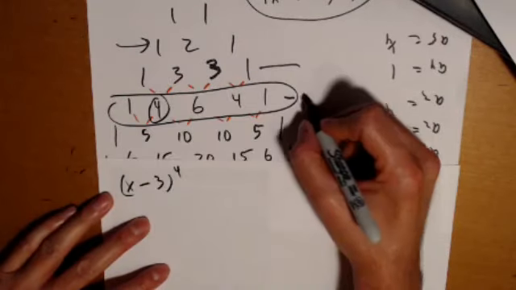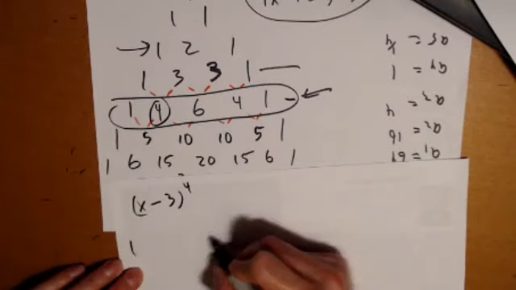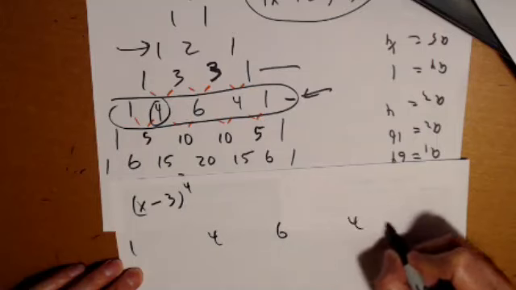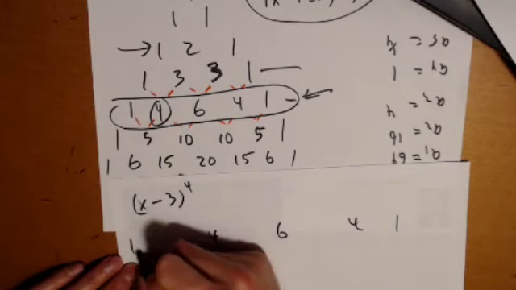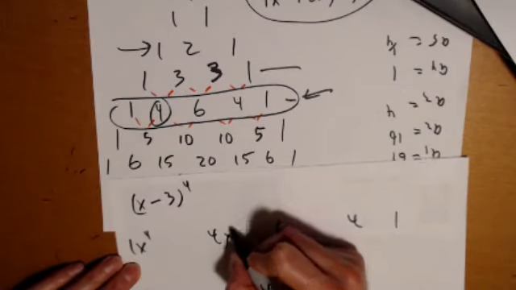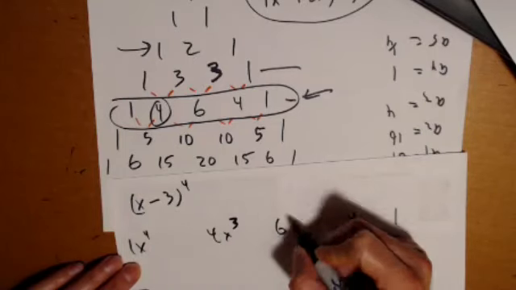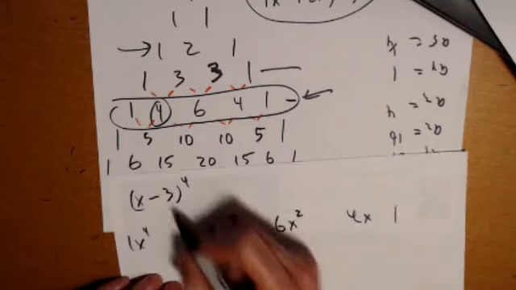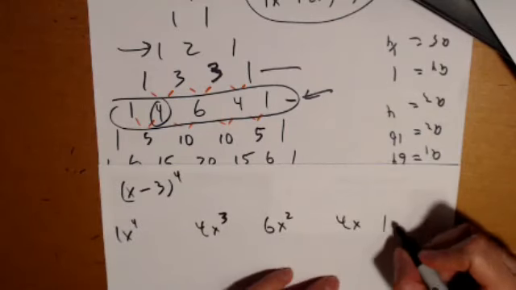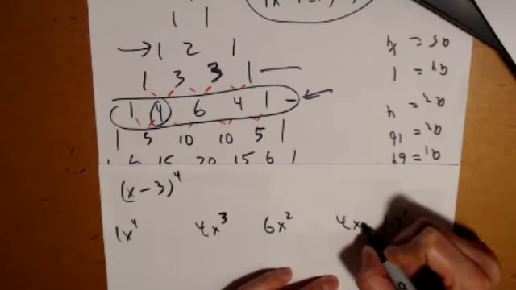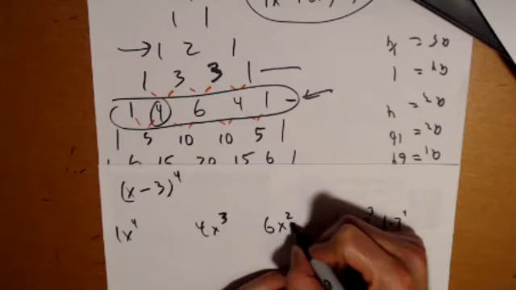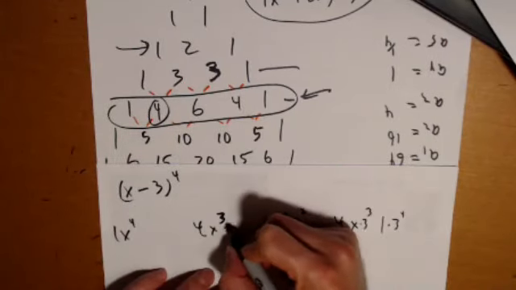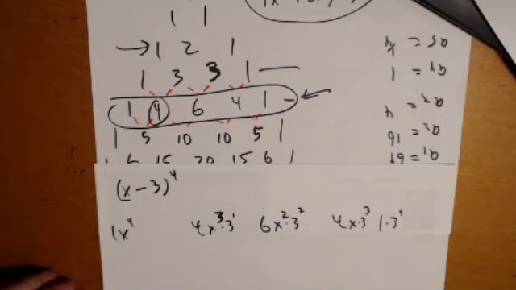So fourth power, right? See, there's the little 4 after the 1, so that's the fourth power. So 1, 4, 6, 4, 1. X stuff, so x to the fourth, x to the third, x squared, x to the 1, x to the none. And then now 3 stuff. So 3 to the fourth, 3 to the third, 3 squared, 3 to the 1, 3 to the none.